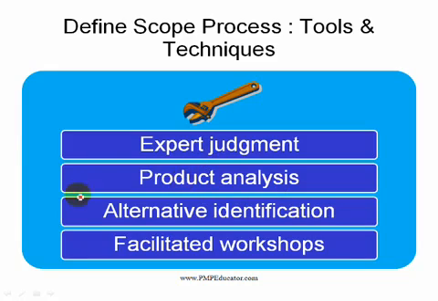Alternative identification is a technique where you identify other ways to achieve the same goal. Say you have a requirement of having very good graphics. How do you achieve this goal?